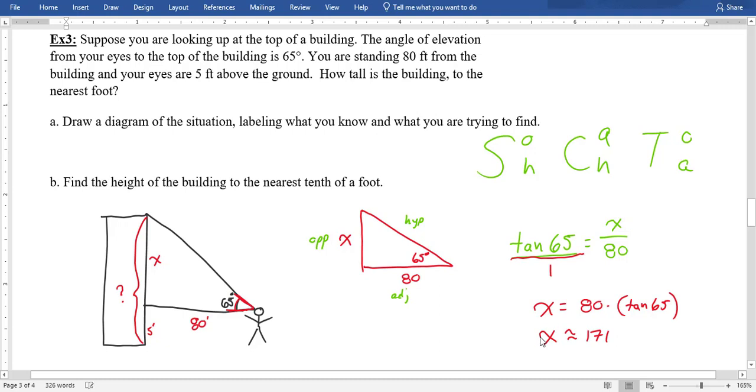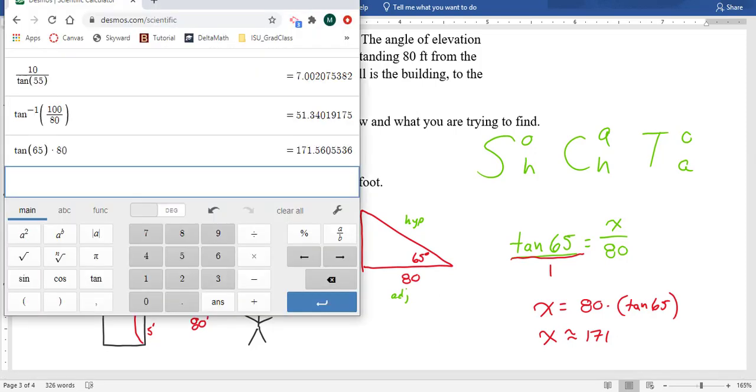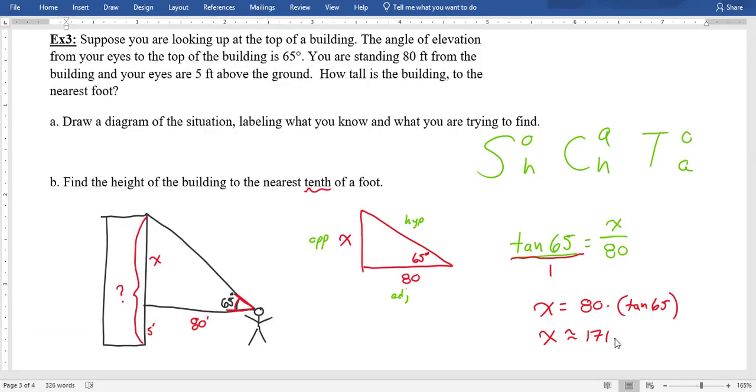There might have been some decimals there. Ooh, it does say to the nearest tenth. So 171.6 when I round it. Okay. Now, that means this is 171.6. But is that my answer?